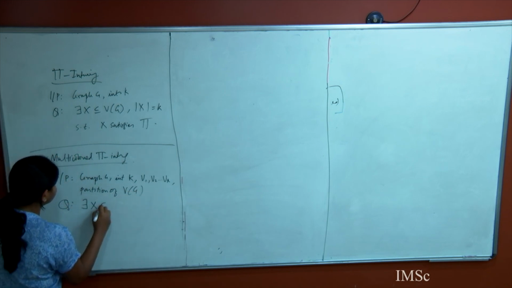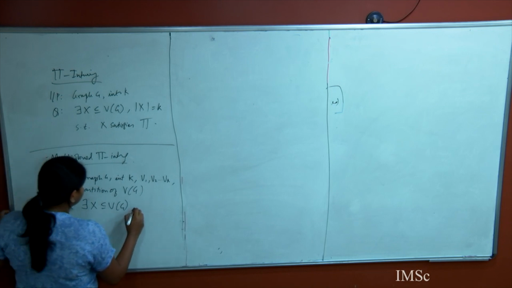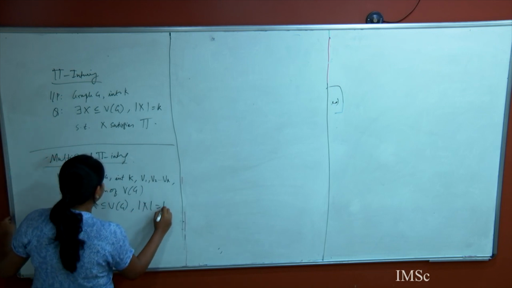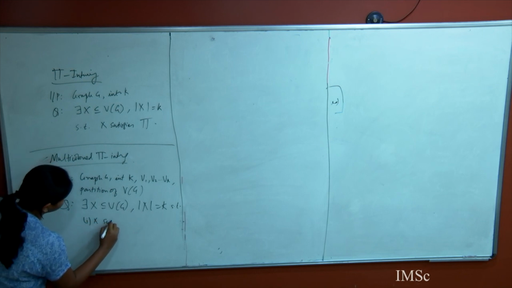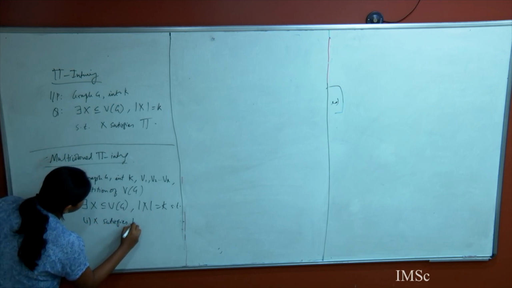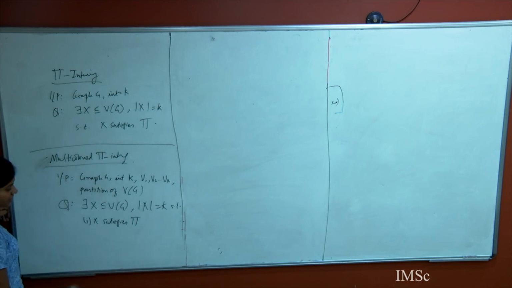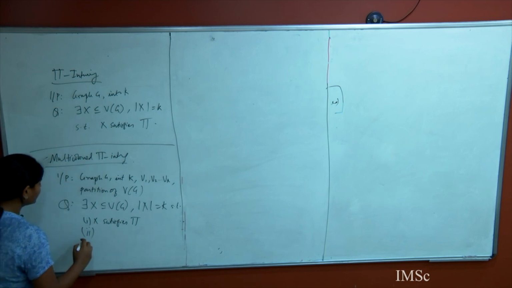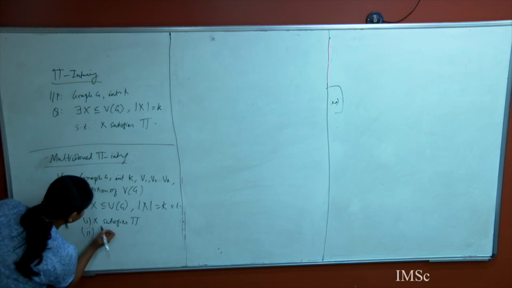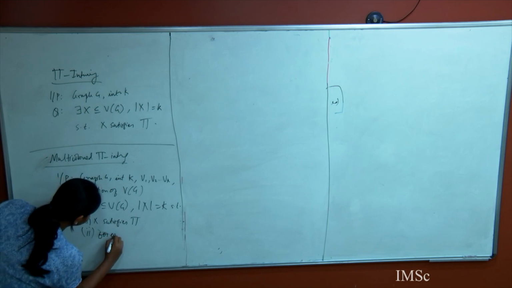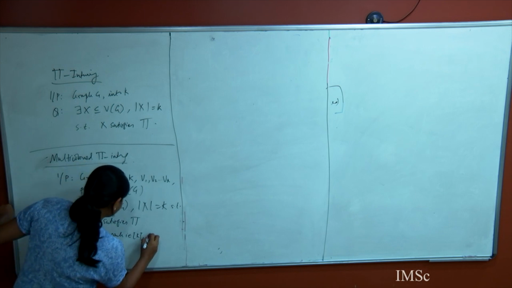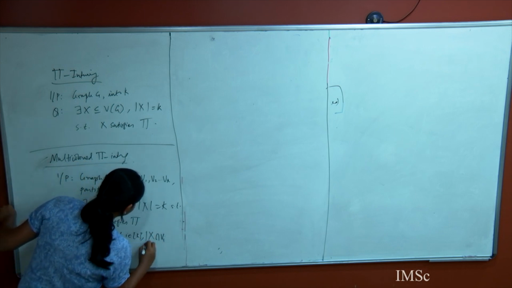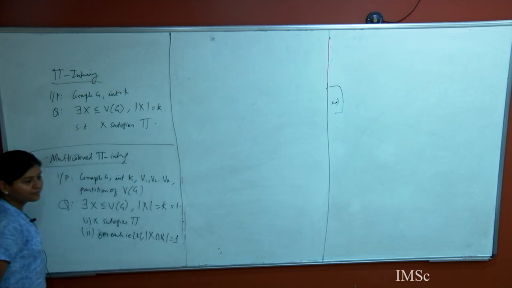Does there exist x, a subset of V(G), such that the size of x is exactly k, x satisfies this pi, and for every i, x intersection Vi has size exactly 1?